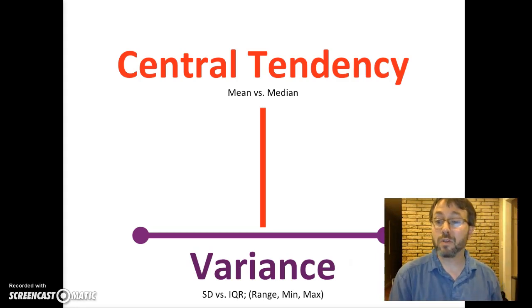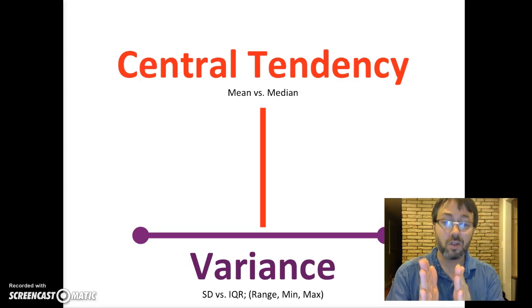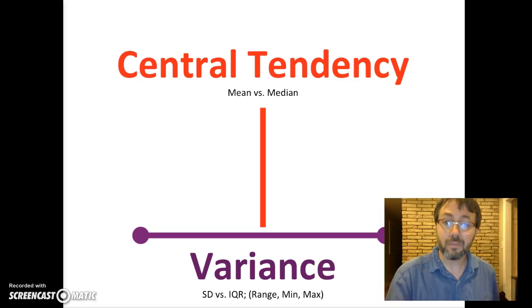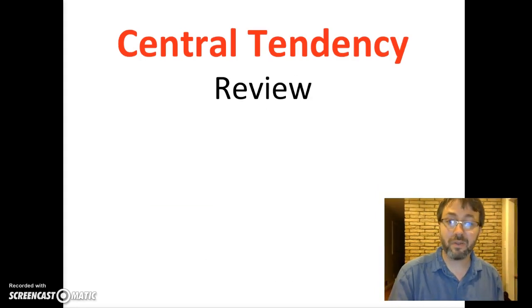Regardless of which of those two measures of central tendency we use, variance describes how similar all the other numbers are to that measure of central tendency, or how different they are. So the larger the variance, the greater the spread there is within our data set. So let's look at these in a little bit of detail.